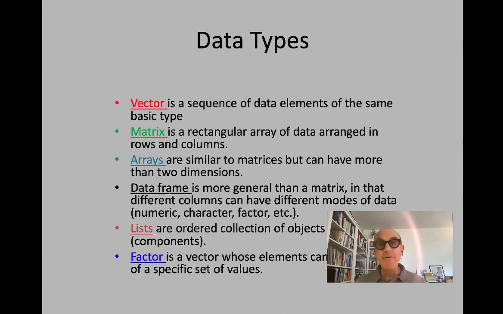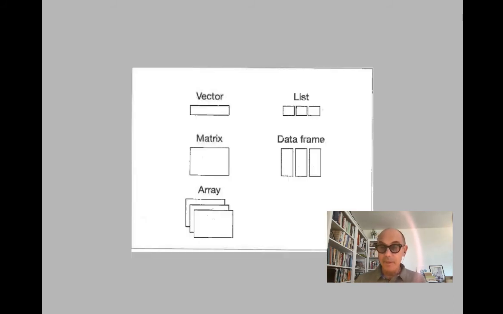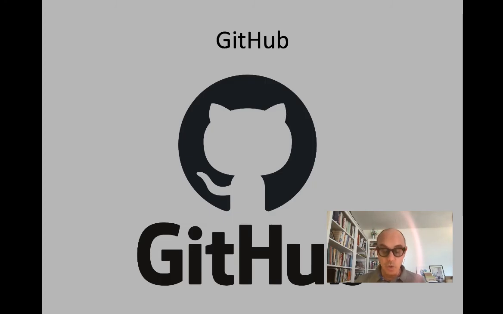All those types of data are part of our terminology, and we will see that throughout. The vector is 1 dimension, the matrix is 2 dimension, the array is 2 or more dimension, and the data frame is 2 dimension, but with the ability to hold a larger set of data. List is a collection of data objects. Each element of a list is a data object. And this is the visual display of it.